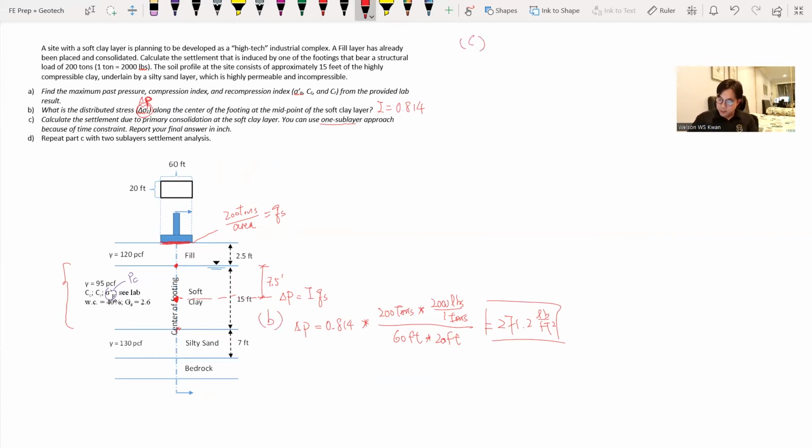So the first thing we do is find the total stress at the midpoint of the layer. That will be equal to gamma field, which is 120, times the thickness, and then plus the unit weight of the soft clay layer.